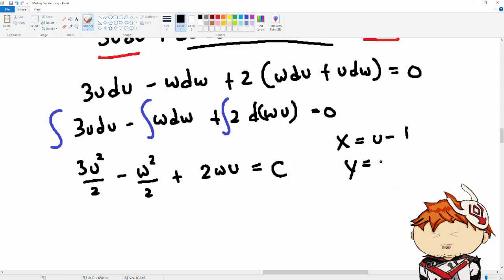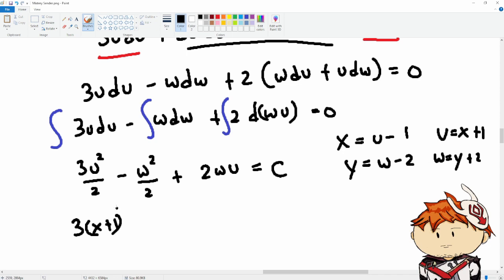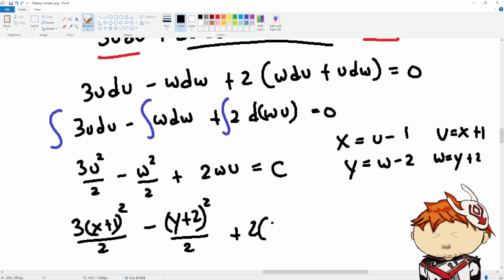Then we substitute back to our equation: u is equal to x plus 1, w is equal to y plus 2. So 3(x plus 1) squared over 2 minus (y plus 2) squared over 2 plus 2(x plus 1)(y plus 2) is equal to c.